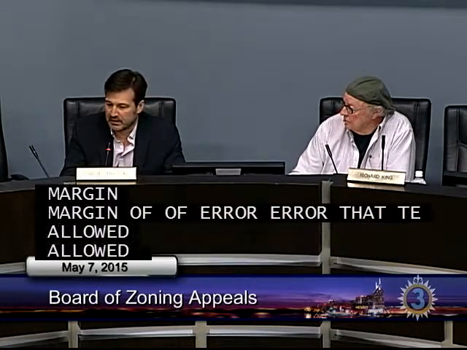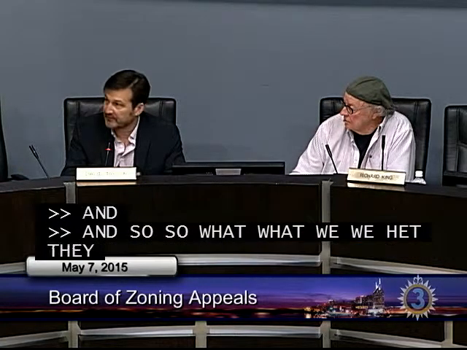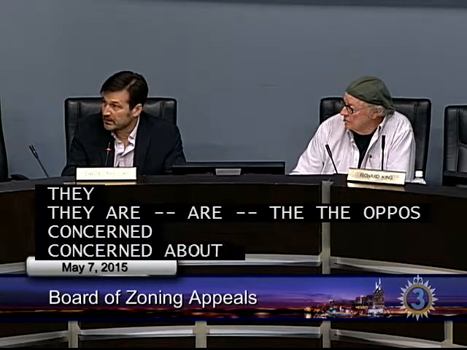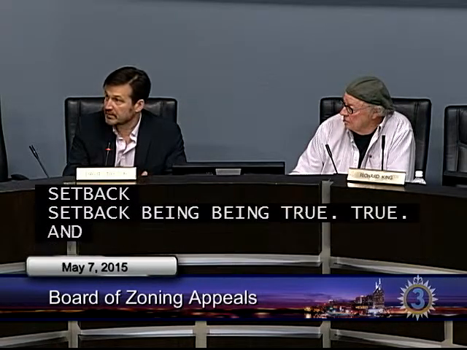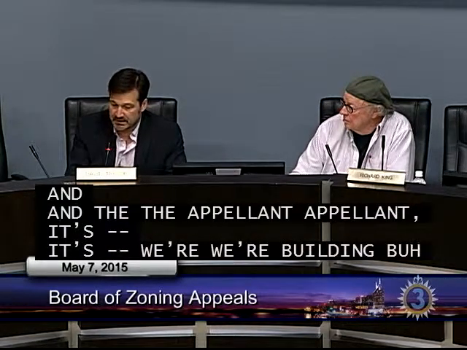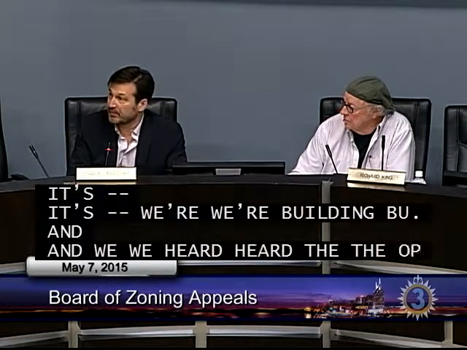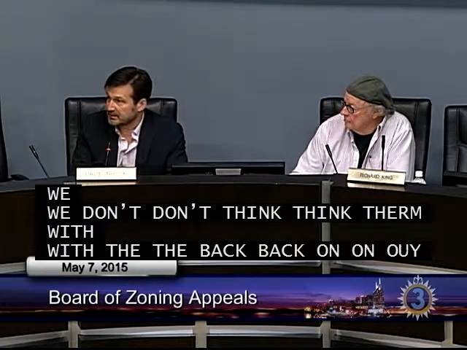Okay. And so what we heard was that the opposition is concerned about a 15-foot setback being true. And the appellant said, no, we're building right. And we heard the opposition say, we don't think there's a problem with the back on our property side, but it'd be nice if they showed something.